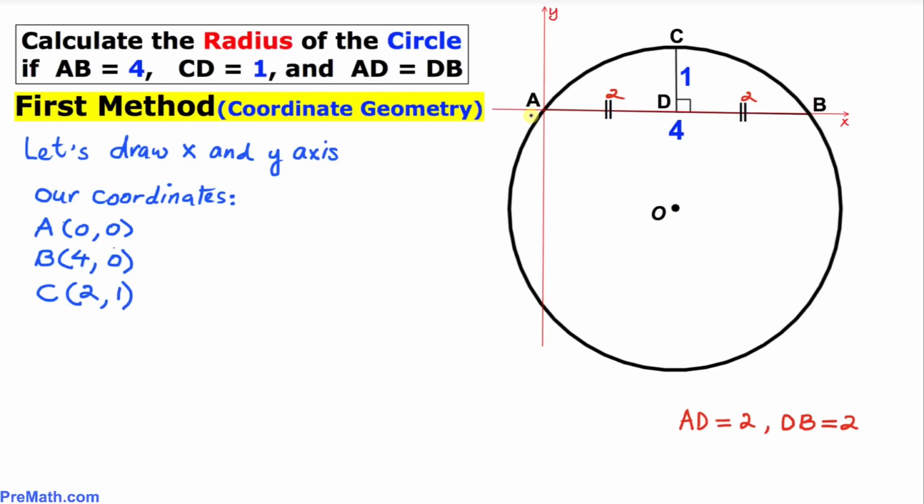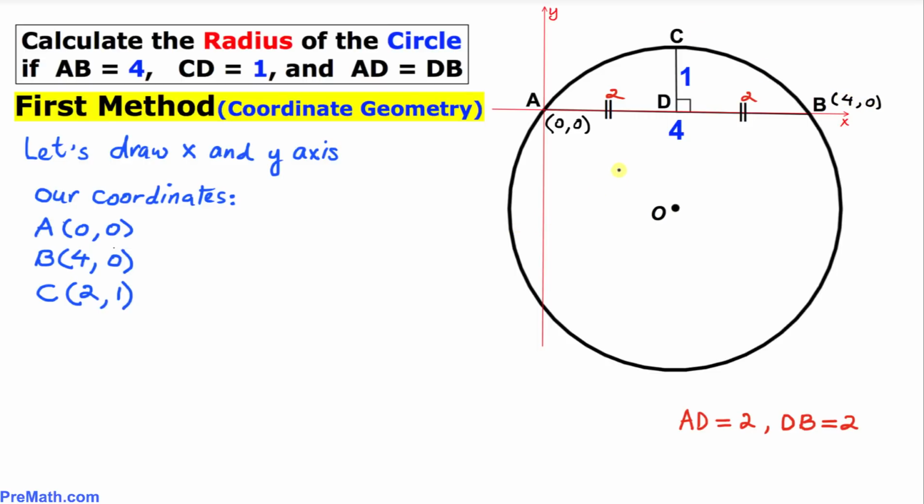And as you can see, A is at the origin, both x and y axes pass through A, so the coordinate for A is going to be (0, 0). As far as point B is concerned, this is 4 units away to the right, so that's going to be (4, 0).